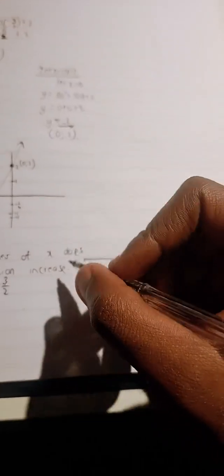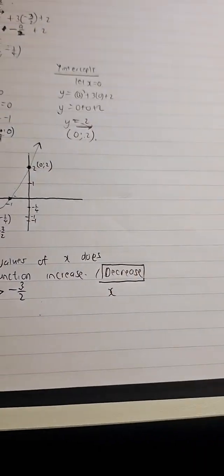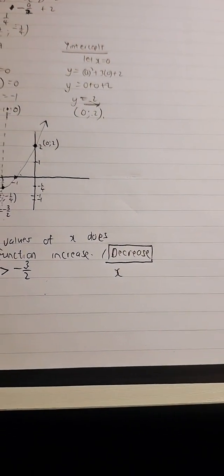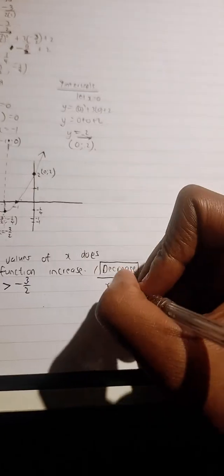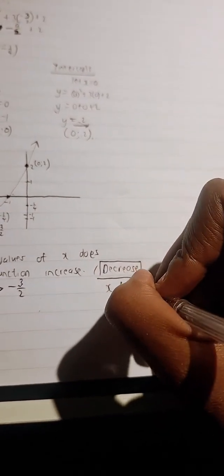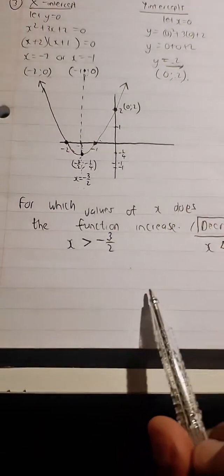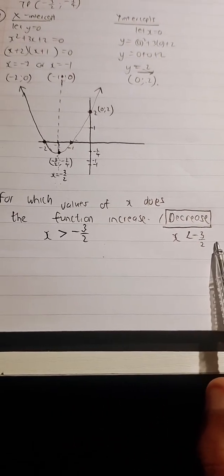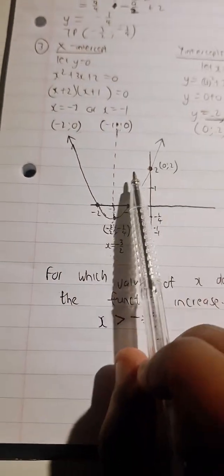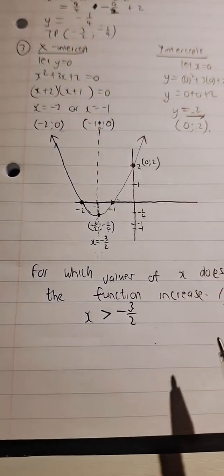Alicia, x is less than negative 3 over 2. Yes, where x is less than negative 3 over 2, we are decreasing. Where x is greater than negative 3 over 2, we are increasing.